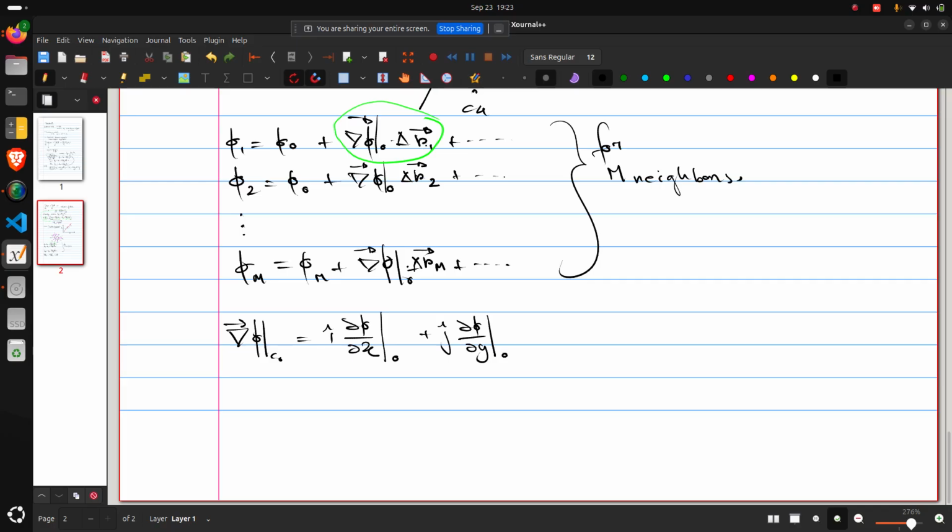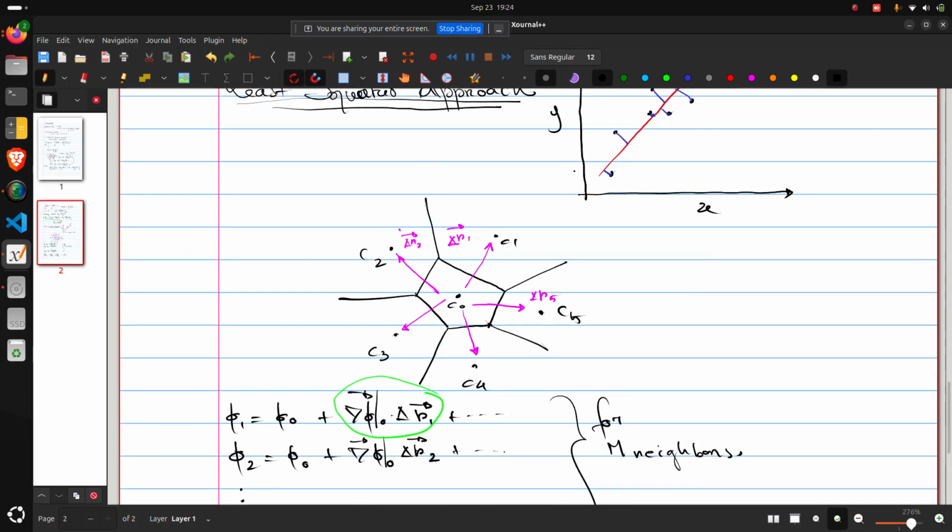And what will be the R i, or maybe R1, R2, R3? Let us write it in a generic form. The R i vector will be just the x component and the y component. For example, if this coordinate is x naught, y naught and this is x1, y1, this R1 vector will be x1 minus x naught i cap plus y1 minus y naught j cap, right.